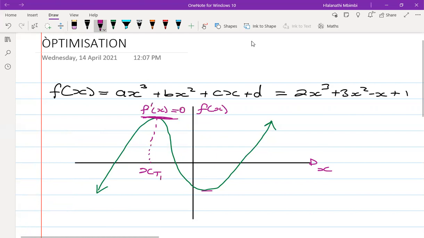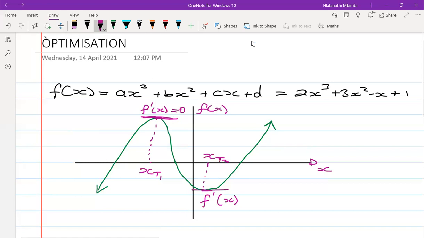To find the second one, setting the derivative to 0, if it's a cubic function, you're going to get 2 solutions. That's what we were doing. We're just doing it, we didn't really know what's going on here.